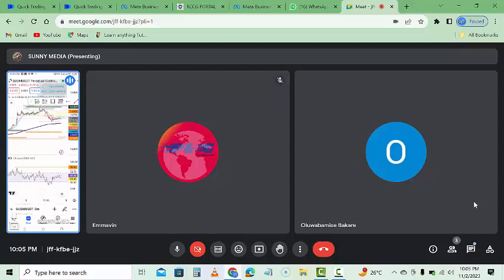Then on the 5 minutes, it formed an oversold and now it's been pumping after that. Oversold starts from 30 to 20.